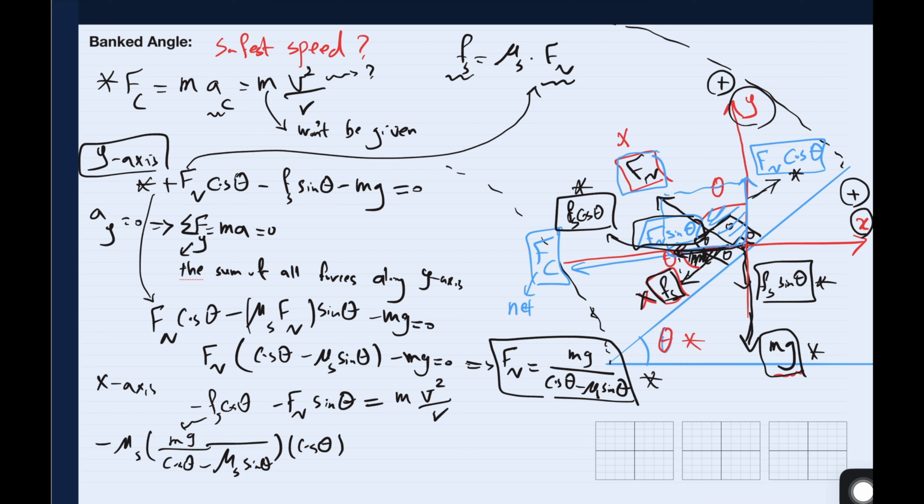This is Fs, right? Then minus Fn, which is mg divided by cosine theta minus mu s sine theta, multiplied by sine theta, and this is Fn, and then equals mv squared over r.